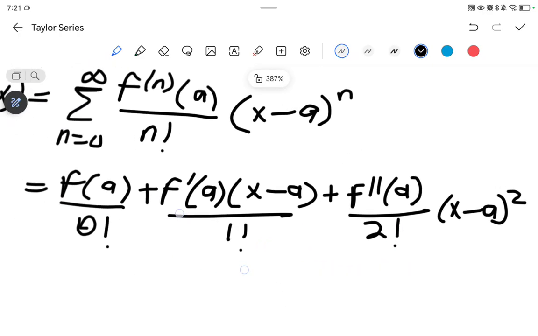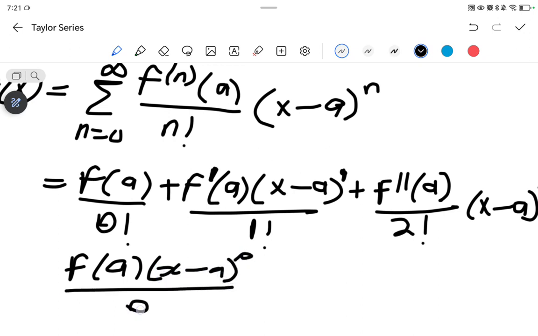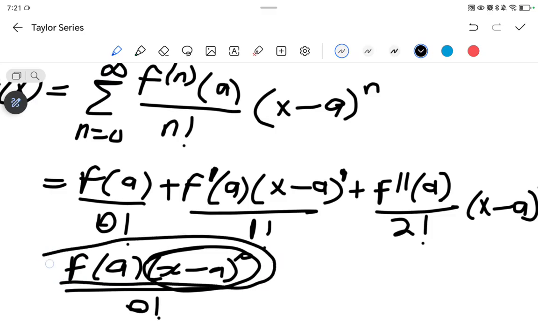You see, right, your 0 factorial on the denominator. In other words, the first one has f of a times x minus a to the exponent 0 over 0 factorial. That's why this one is not there. So the formula is just like this.